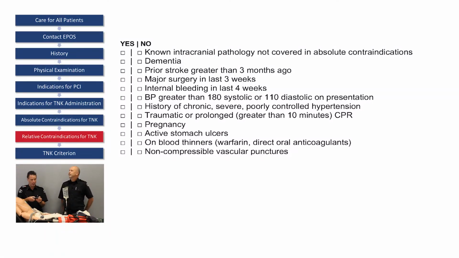They are known intracranial pathology not covered in absolute contraindications, dementia, prior stroke greater than 3 months ago, major surgery in the last 3 weeks, internal bleeding in the last 4 weeks, BP greater than 180 systolic or 110 diastolic on the presentation, history of chronic, severely, poorly controlled hypertension, traumatic or prolonged CPR, which we're saying is greater than 10 minutes, pregnancy, active stomach ulcers, patients on blood thinners such as warfarin or direct oral anticoagulants, and non-compressible vascular punctures.